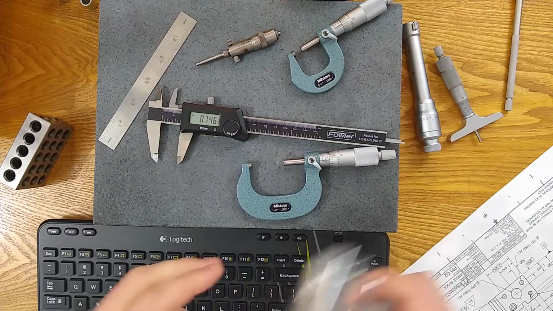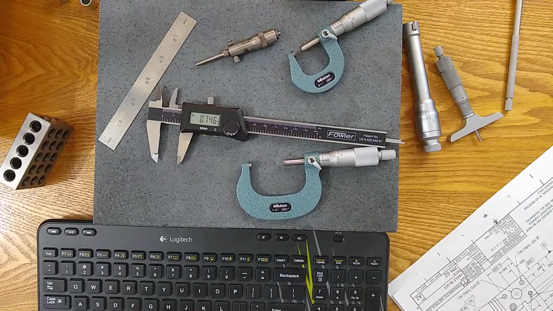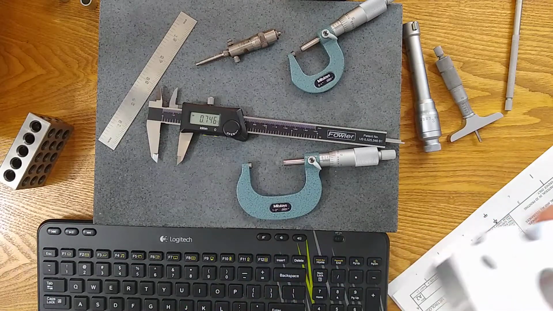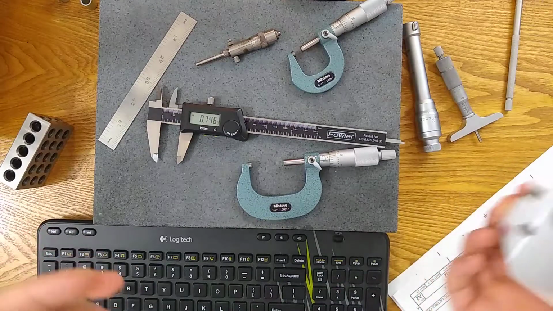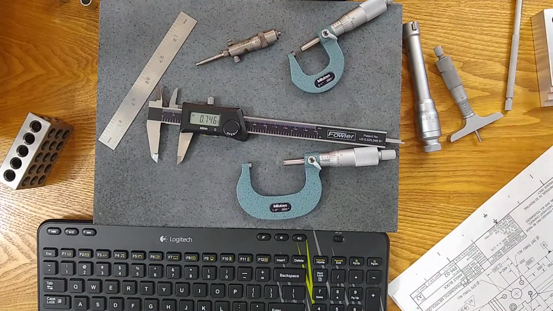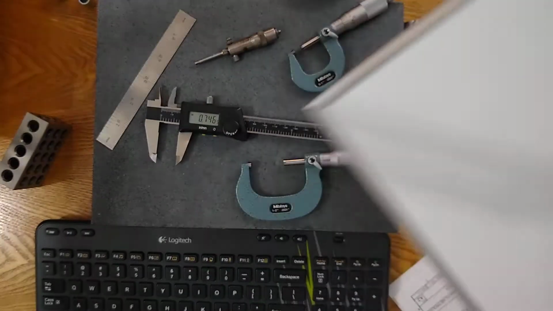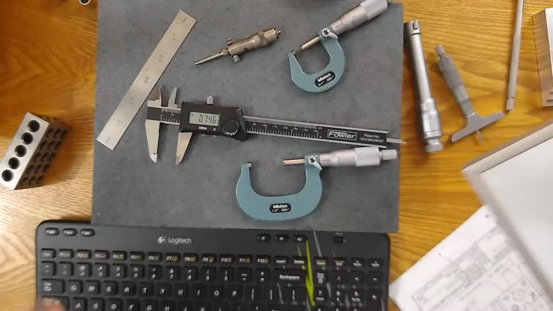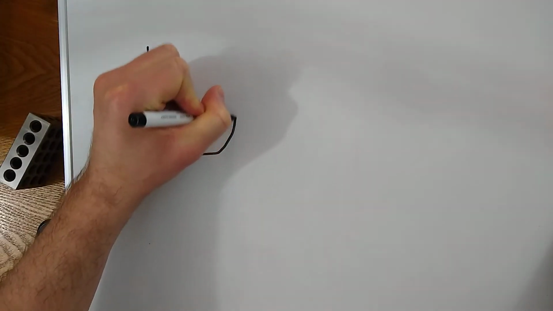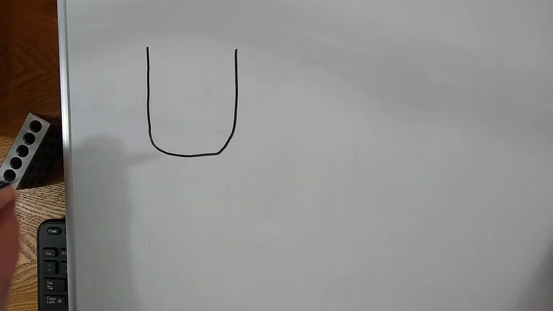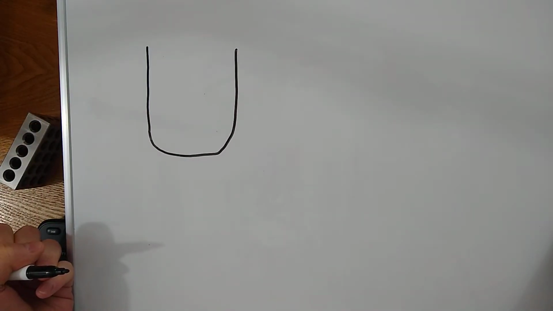Other obstacles: radius and corner interference. So if you've watched some hole inspection videos or even micrometer videos, I've talked about how you have to avoid a radius and chamfers. So I'll do that one more time on the whiteboard here. If you're inspecting a hole, for example, draw a hole, the bottoms of holes are going to have kind of a radius related to the manufacturing method.